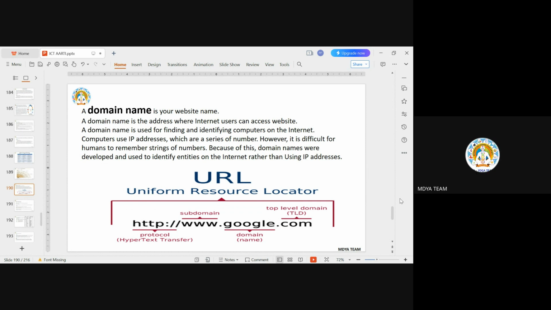Yes. So .in is for India, and when you are searching on that URL, you type this address, first of all you will go to the NTA, National Testing Agency, and under that you will open the UGC NET web page.